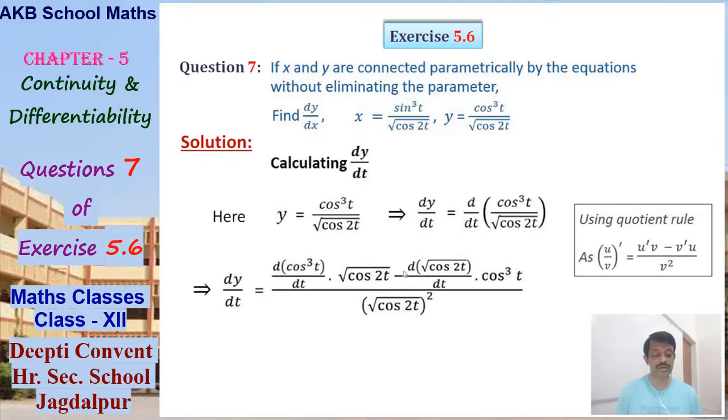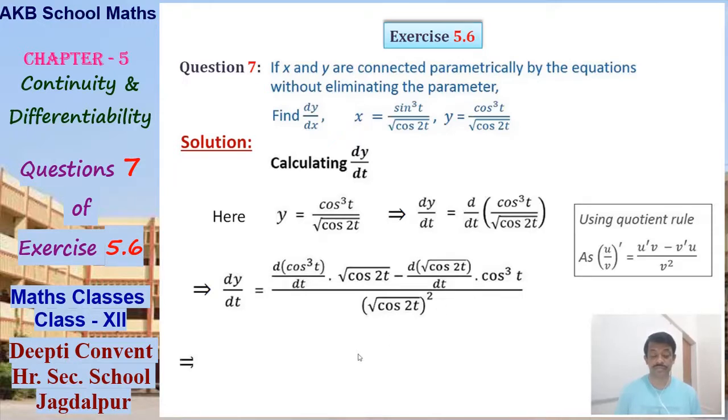Okay, so u' means d(cos³t)/dt times root of cos 2t, this is v, minus d/dt of root cos 2t into cos³t, upon (root cos 2t) squared, that is v squared. So v squared, and u'v minus v'u.